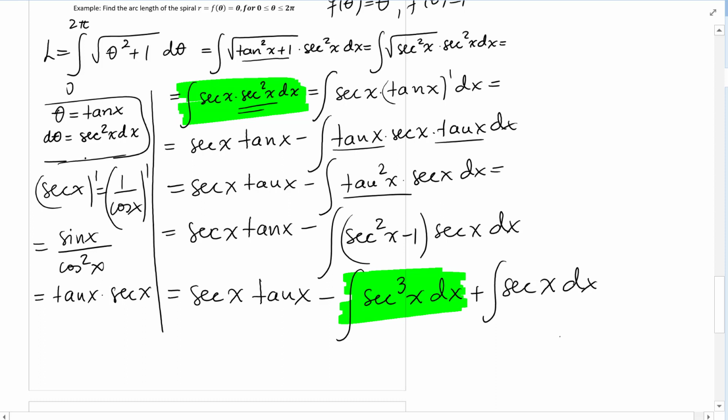So we're going to say I, the integral that I wanted to find, is secant of x tangent of x minus I, the same integral, plus the integral of secant of x, which is ln of absolute value of secant of x plus tangent of x.